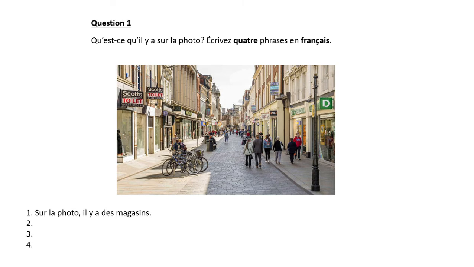So all you can say is that in the picture there are shops, in the picture there are girls, in the picture there are men. So if you can say all this in French, it's perfectly fine. "Sur la photo il y a des magasins, sur la photo il y a des femmes, sur la photo il y a des hommes." It's fine. Don't make your life difficult, please. Okay? Just go straight to the point and 4 simple sentences.